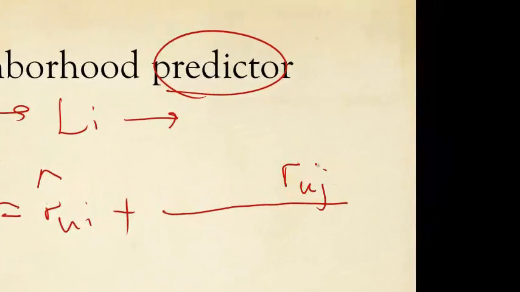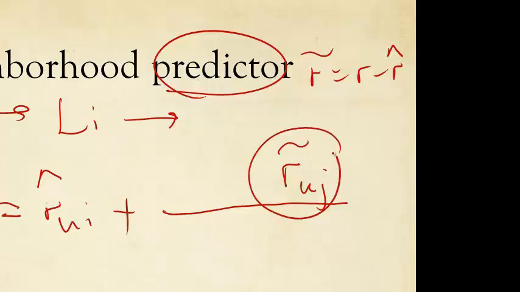We learn from these neighbors that if a neighbor movie J in the shifted rating R tilde, again R tilde is just R minus R hat, in this shifted space, depending on whether J is positively correlated with movie I or negatively correlated with movie I, it's going to give us some information.